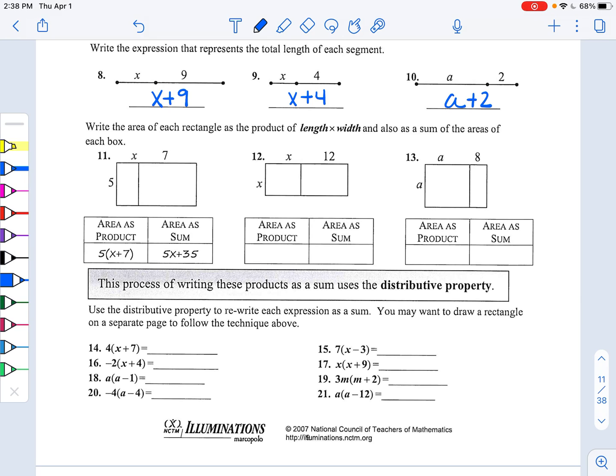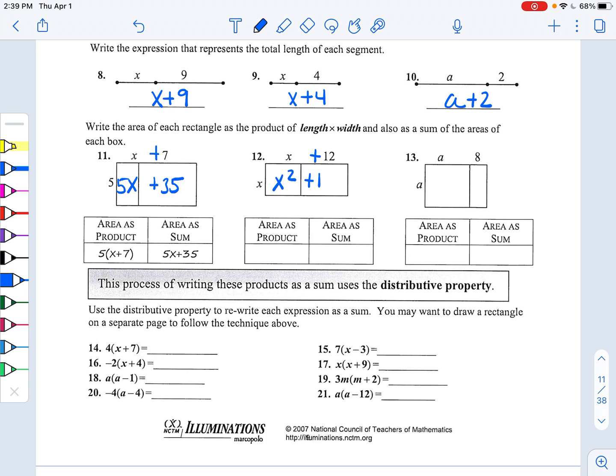All right, write the area of each rectangle as the product of length times width and also as a sum of the areas of each box. Okay, so we have 5 times x, that's 5x. And we have 5 times positive 7 is positive 35. All right, on number 12 we have x times x, so that would be x squared.